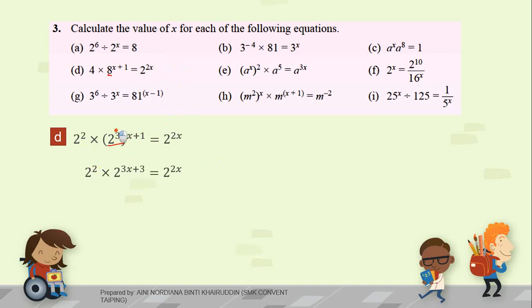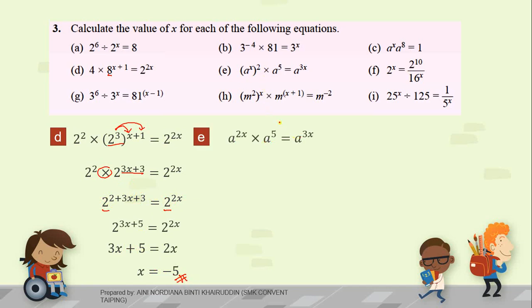So this is 3x plus 3. Then since this is multiplication, we can add all the indices. Since this is the same base, the indices must be equal. So the value of x is negative 5.